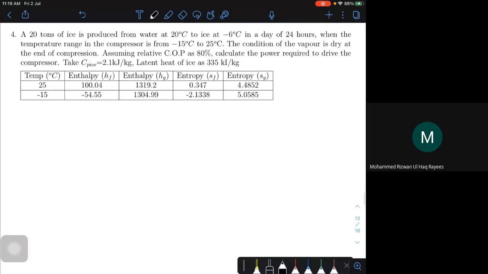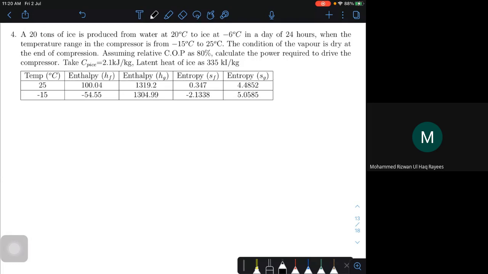Similar to the Mollier diagram, we have something called a pH chart for refrigeration. We had steam tables and the Mollier diagram for a pure substance, that is water, and for all the refrigerants we have refrigeration tables and the pH chart. So these things are there which you can use.